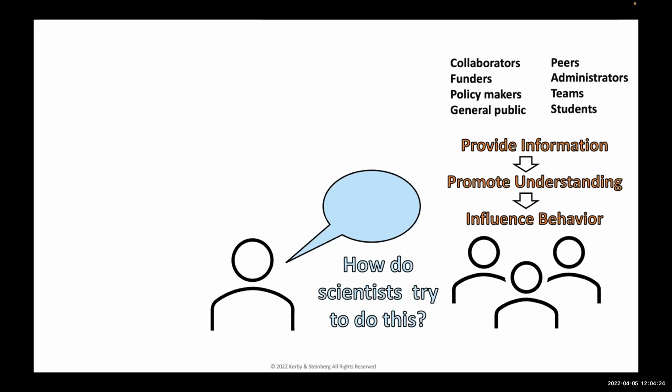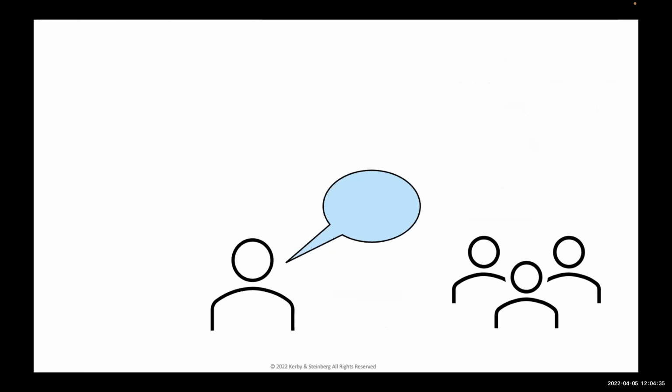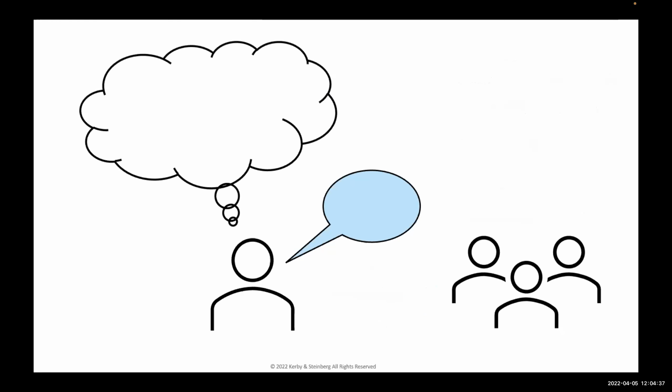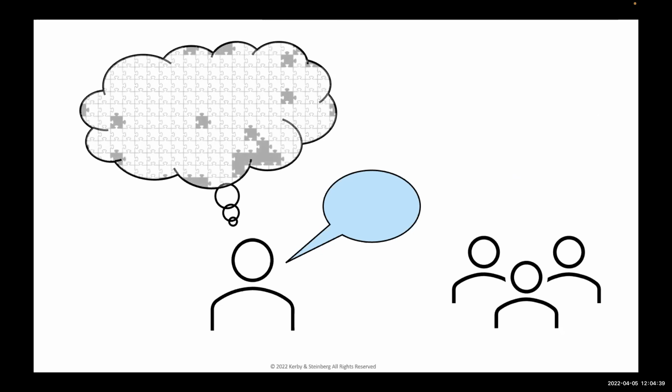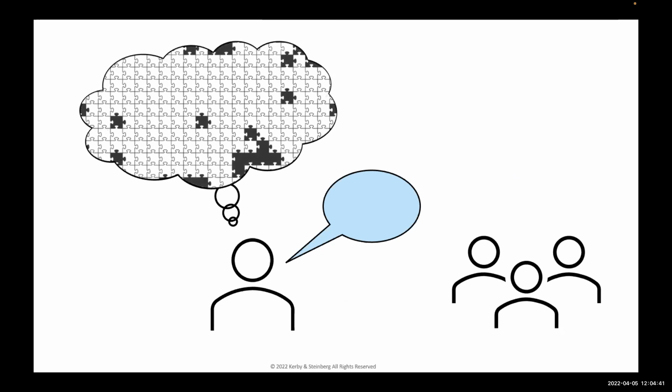So how do scientists or researchers normally try to achieve those goals in diverse audiences? Normally what we do is we think of our research in all of its complicated, voluminous glory, and then we decide that the best way to go about this is to get as much of that information as we can into however many minutes we are given.